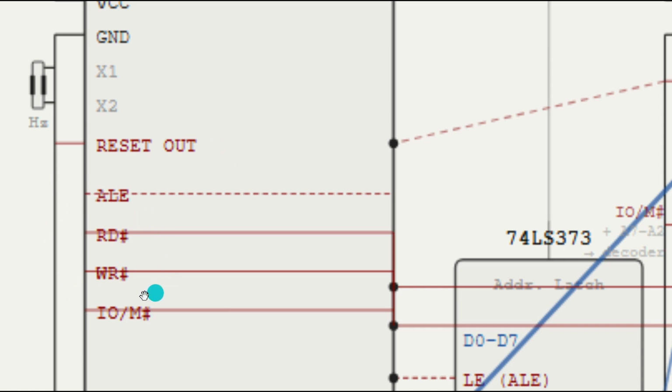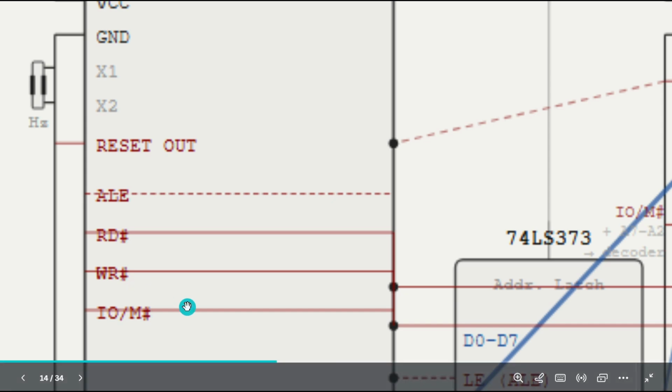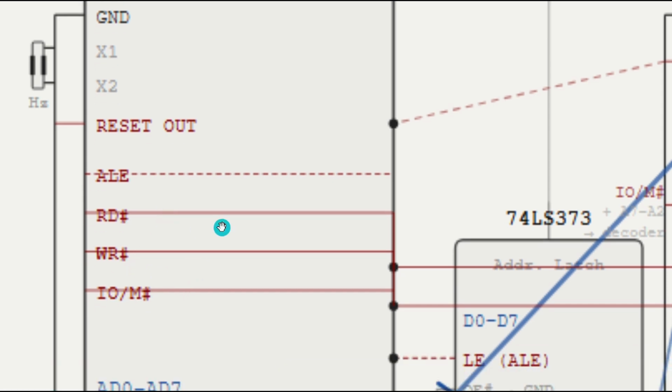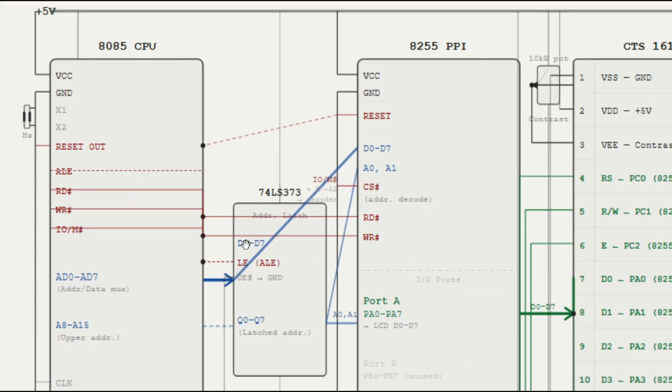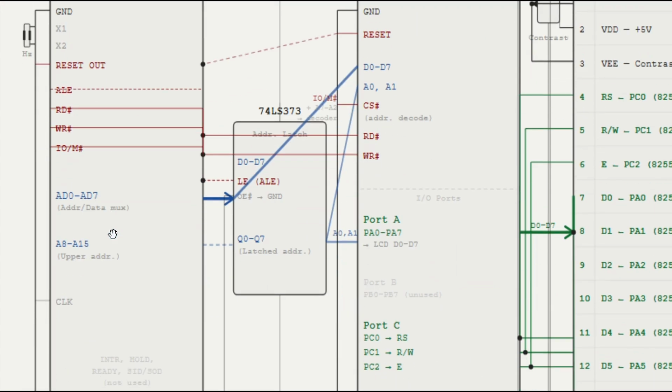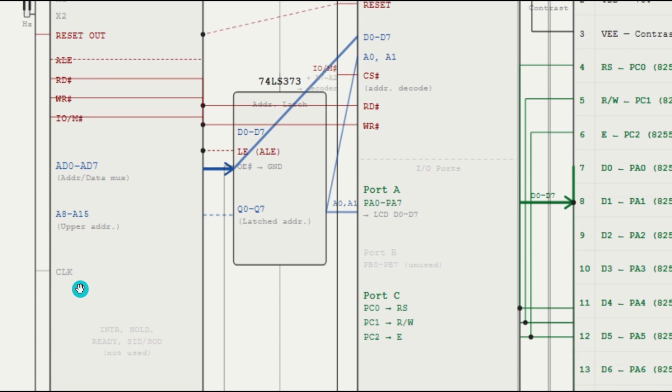And these are the read and write pins. These are used by the 8085 to control data transfers. And this signal distinguishes between memory and I/O access. It is connected to the 8255's chip select logic so that the 8255 responds only to input-output instructions. This is the address or data bus pins, and this is just the upper address pins.